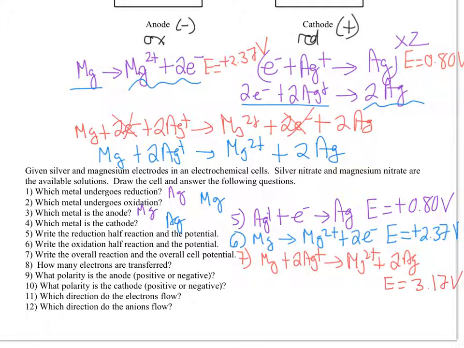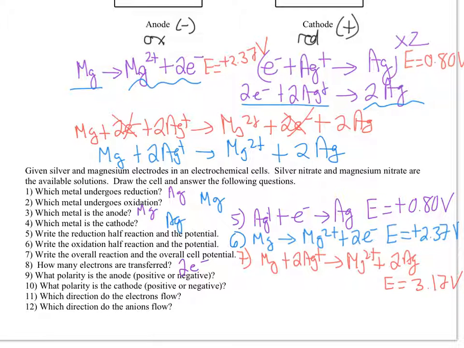All right, number 8, how many electrons are transferred? You figure that out either from each of the half reactions after you've balanced them and multiplied, so 2 or 2, or you can look at the overall one where whatever you canceled. So the answer to that is 2 electrons.